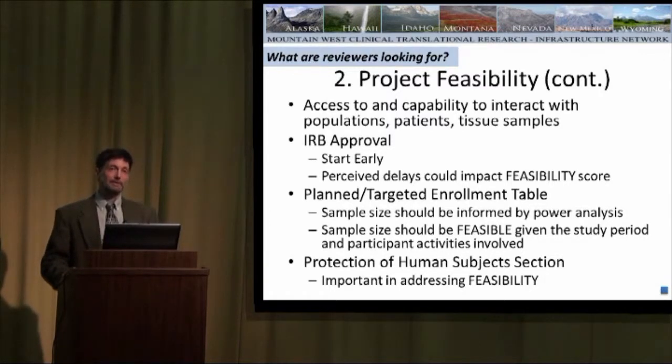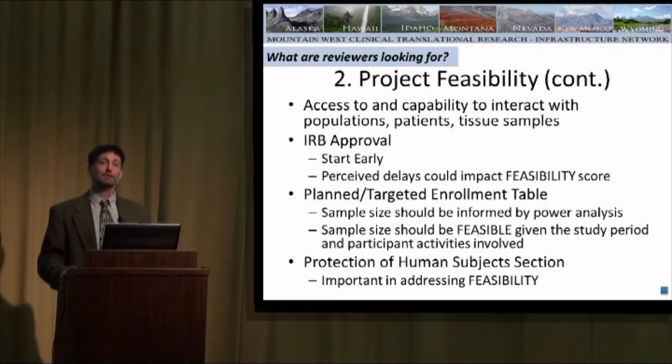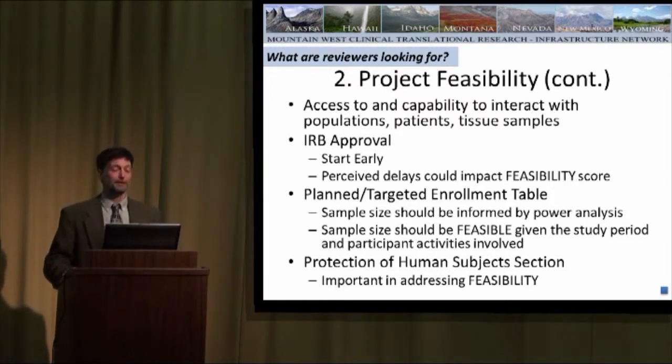One, they address the issue of feasibility, and so if, as Bill described, a particular reviewer is not convinced by your specific aims page, they may look to some of these elements as areas where they can scuttle, to use Bill's phrase, an otherwise good application.